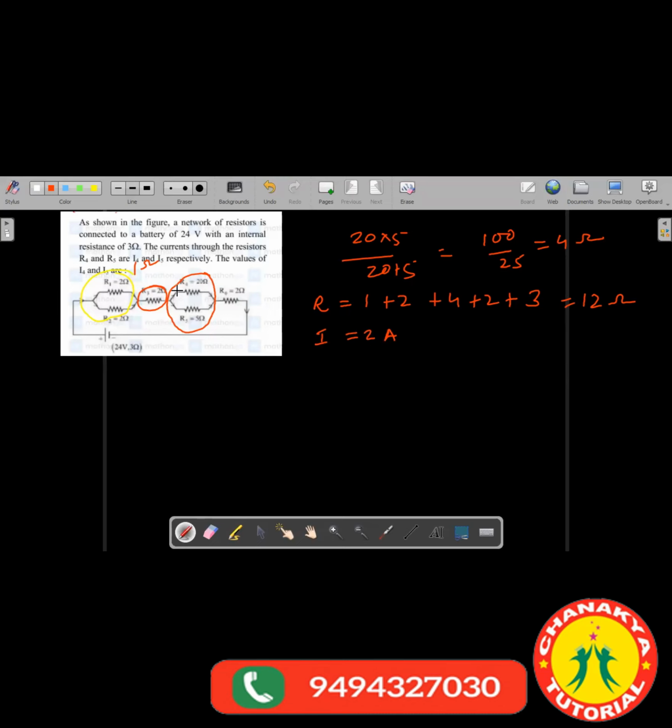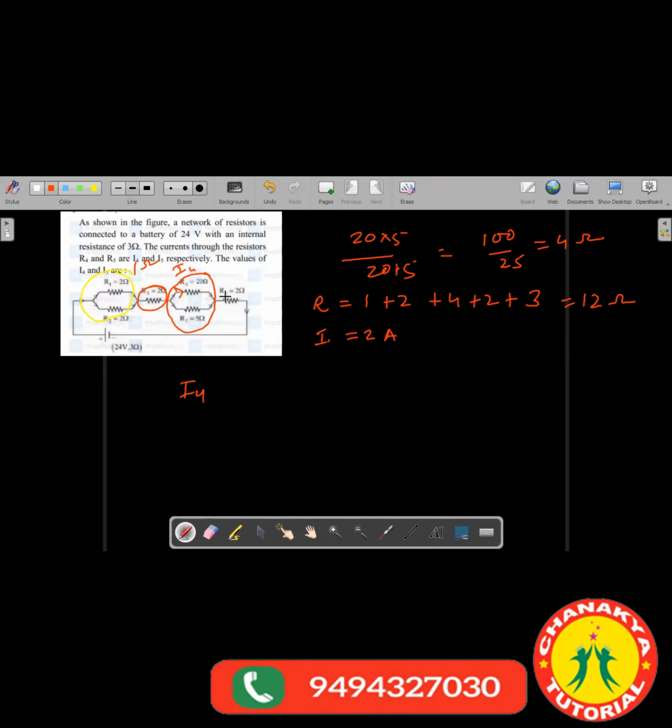Now we want to find out the currents I4 and I5. This is the total current, and I want the currents I4 and I5.